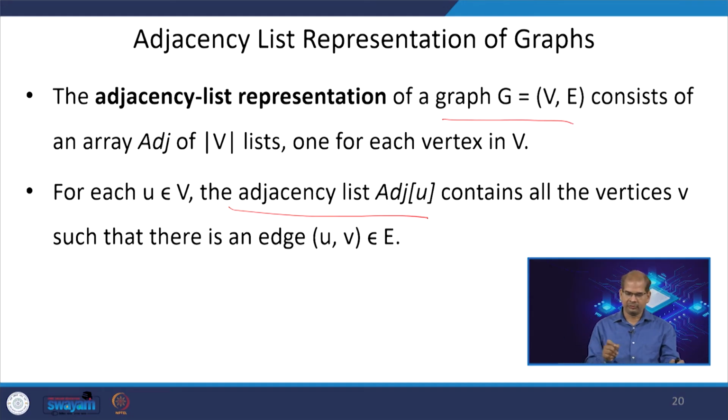So, we have a list of nodes or vertices, then we have a list corresponding to each vertex. For each vertex, the corresponding edges will be added in the list.